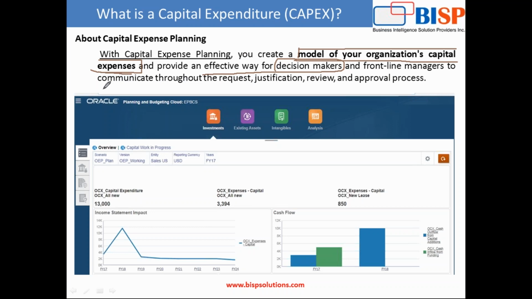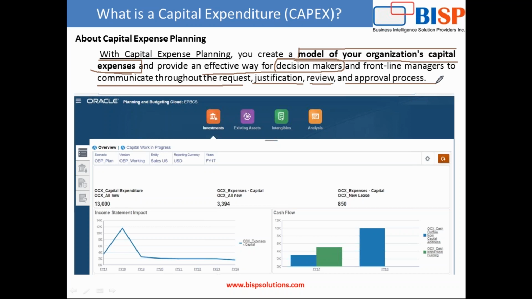The decision which you take is actually a collaborative decision, and it impacts the entire organization. So communicate throughout the request, justification, review and approval. Maybe you are a department head and you plan to buy some new asset. Maybe you are in production and you own one production unit, and one of your machines is malfunctioning.